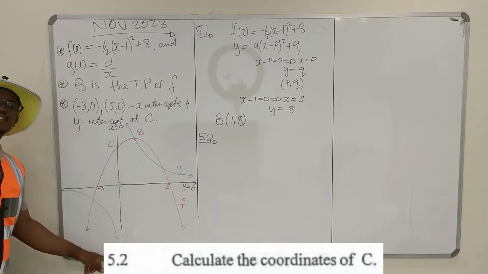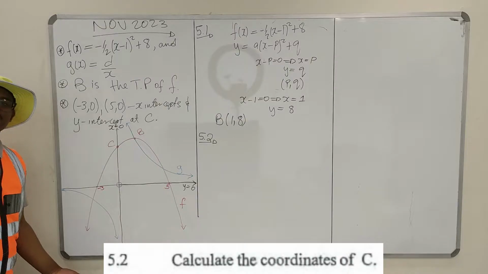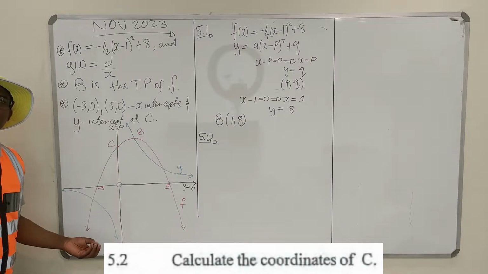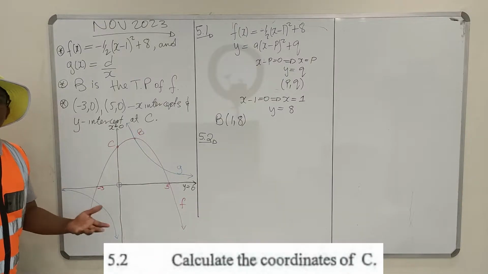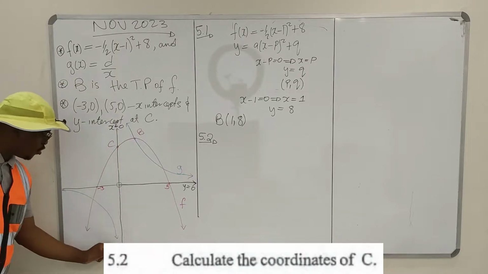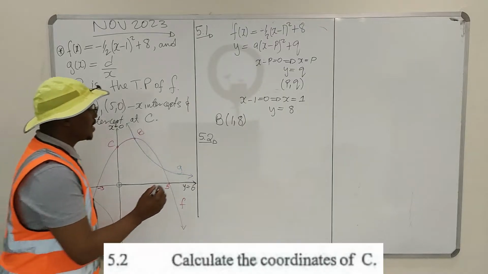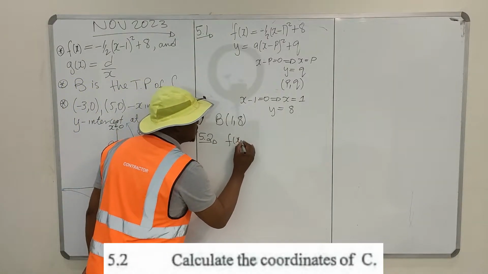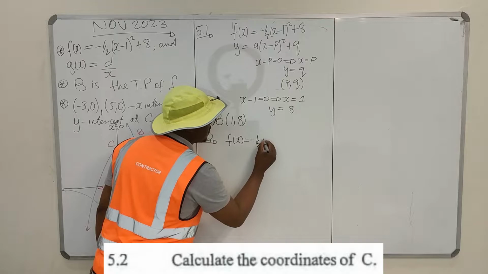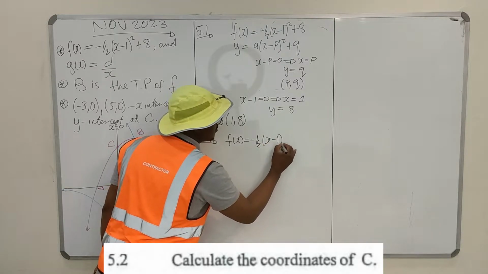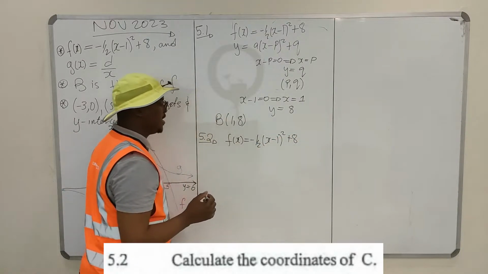So this is the y-axis, the line x is equal to 0. Along this line, you know your x is always 0. So we're given the equation f(x) = -1/2(x - 1)² + 8, right?